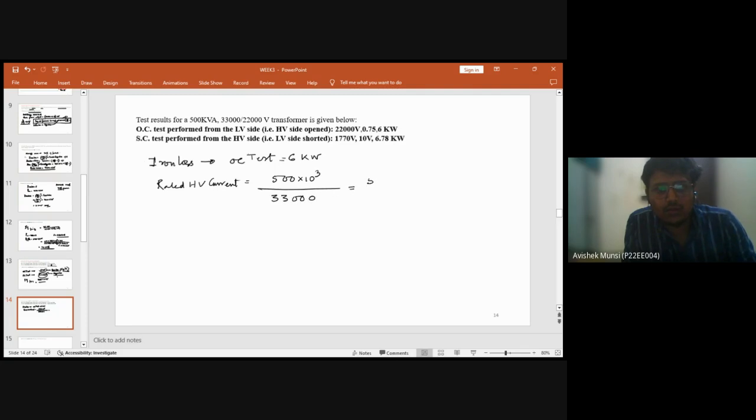So if you calculate it, 500 by 33, it is 15.15 ampere, right? So this is the rated HV current.